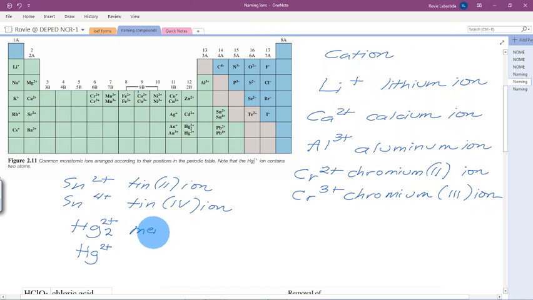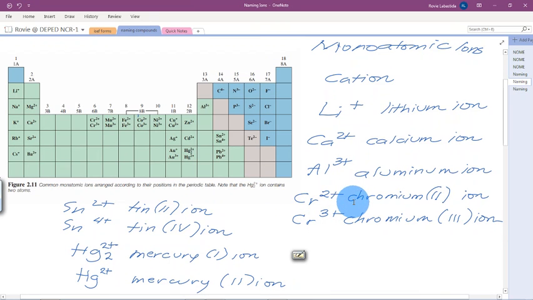So this is mercury(I) ion, and this one, Hg2+, is mercury(II) ion. Please take note of this, that mercury(I) ion is actually Hg2 2+ and mercury(II) ion is Hg2+. Now, that is how you name monoatomic cations.